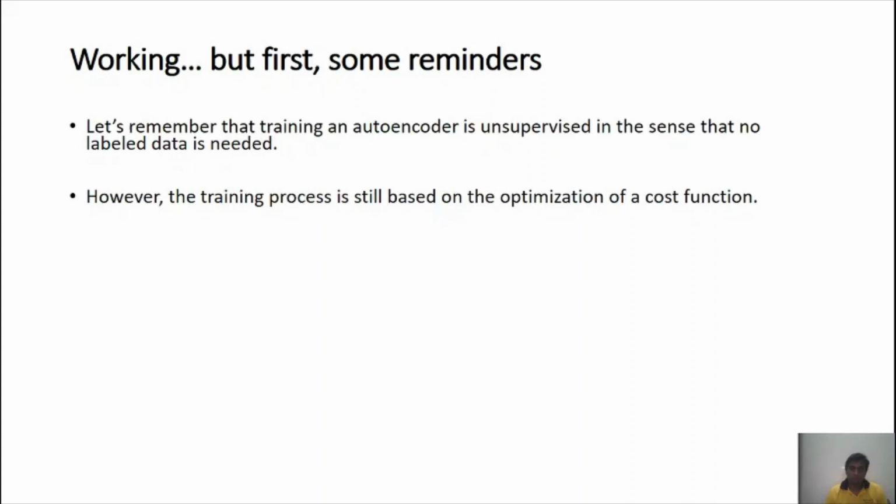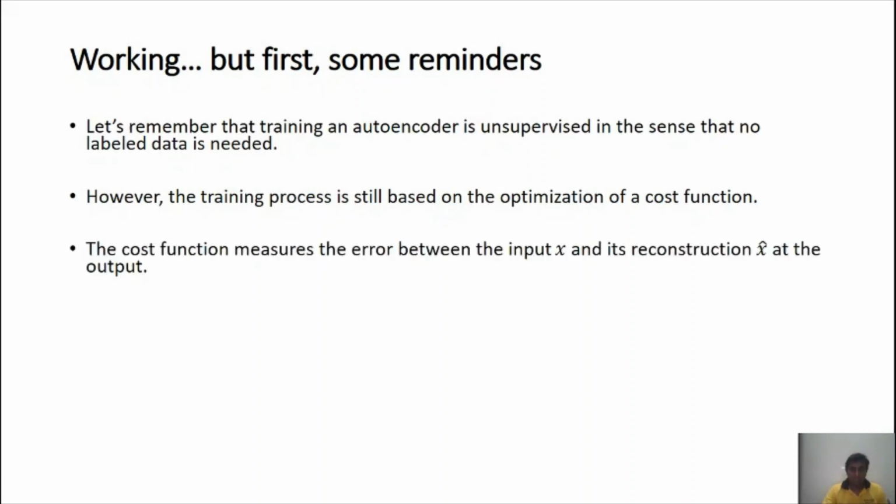Obviously, all types of artificial neural networks work on a cost function basis, so that is important. And what the cost function does is the same thing. It's similar to what you will find if you're trying to do a curve fitting kind of an example. You have the actual input and you have the reconstructed or the predicted output, and the difference between the two is the error, which is supposed to be minimized by the underlying learning algorithm.